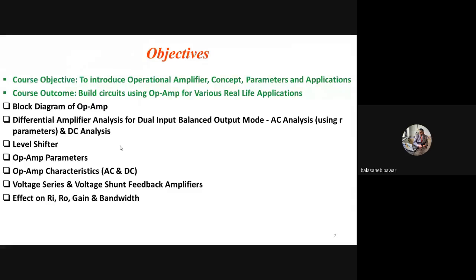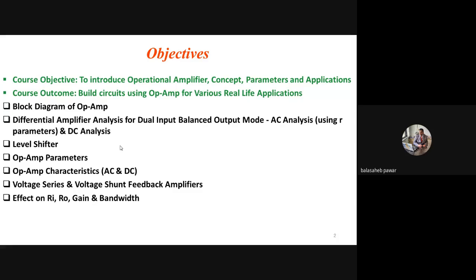analysis for dual input balanced output differential amplifier. That means both analyses are mentioned in your syllabus, that is AC analysis using the r parameter and the DC analysis. Then the level shifter, this is one of the stages of the OPAMP. We will discuss it in detail, don't worry.